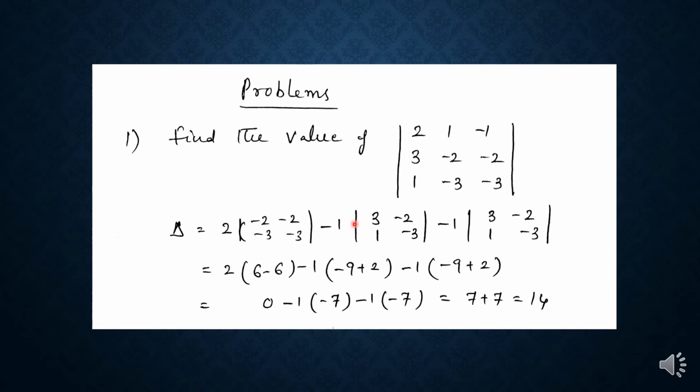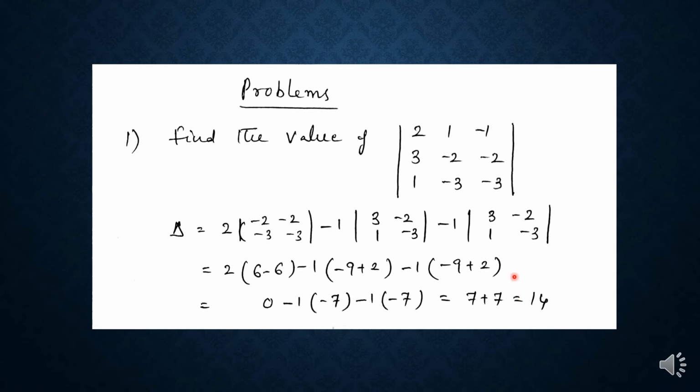Minus 1 into here 3 into minus 3, minus 9, 1 into minus 2, plus 2, that is minus 7. Minus 1 into minus 7 is plus 7, that is equal to 14. So the value of this determinant is 14.